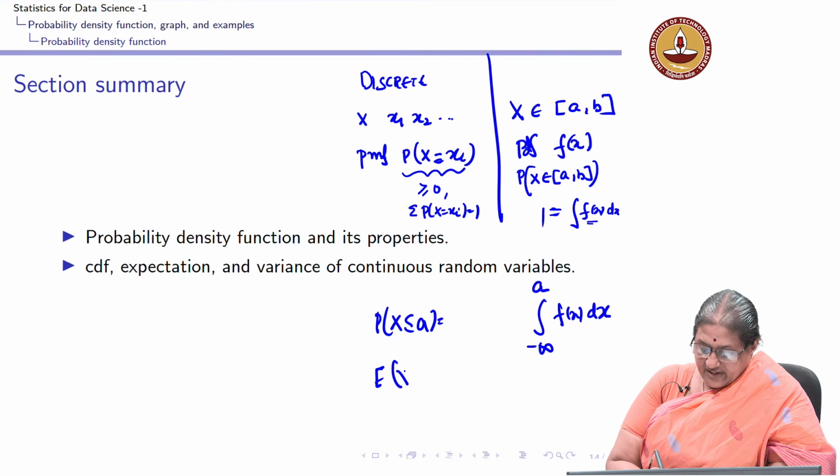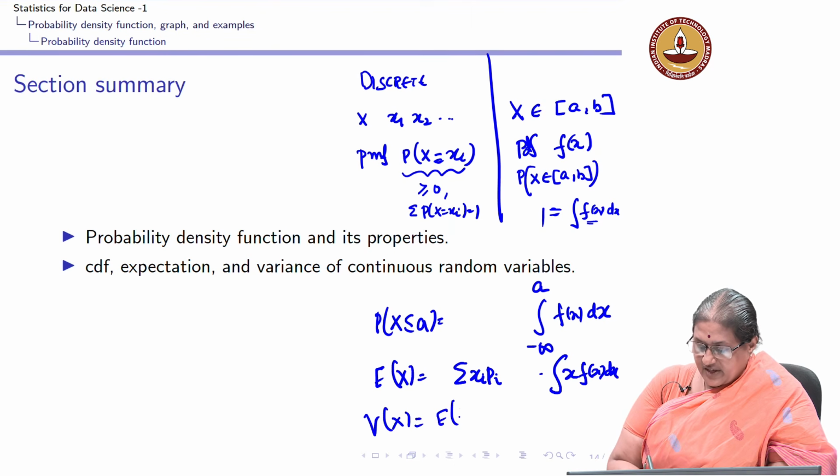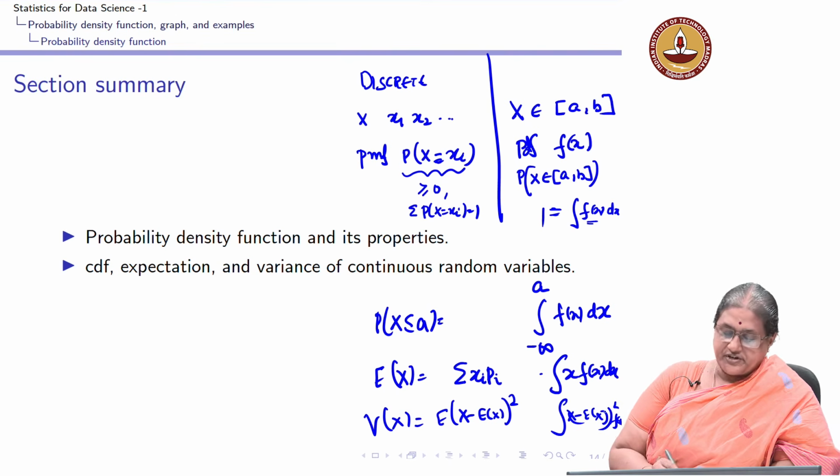The expected value in a discrete case was xi pi. Here it is going to be the integral of x f of x dx. The variance was expectation of x minus expectation of x whole square. I am going to have the same thing here, but it would involve my density function.